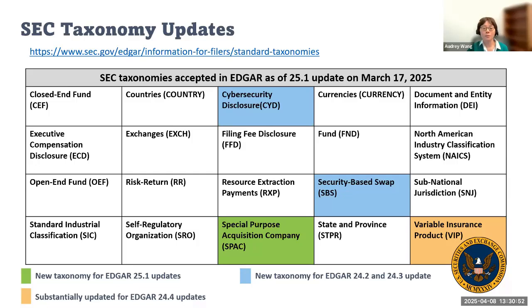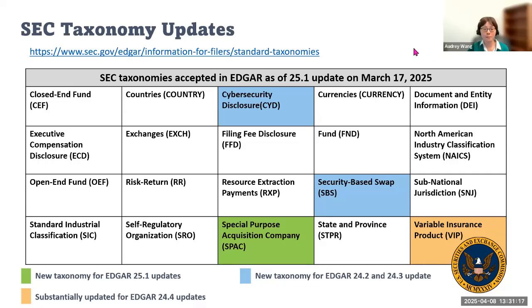In September, we introduced the Cybersecurity Disclosure Taxonomy, which is used to tag certain disclosure about material cybersecurity incidents and periodic disclosures about a registrant's processes to assess, identify, and manage material cybersecurity risks, management's role in assessing and managing material cybersecurity risks, and the board of directors' oversight.